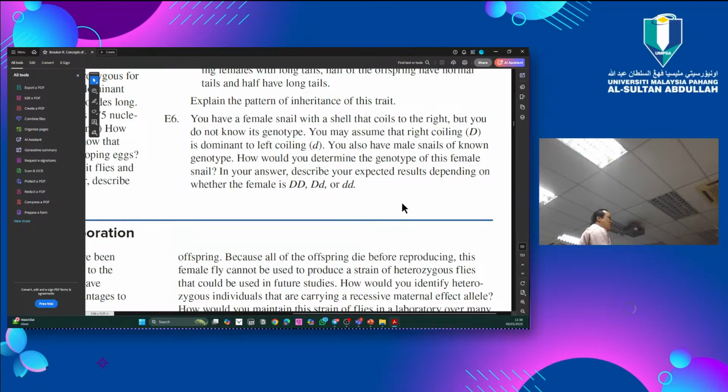So what do you do? In your answer, describe your expected result depending on whether the female is DD, homozygous for the right coiling, heterozygous for the right coiling, or recessive for the left coiling.